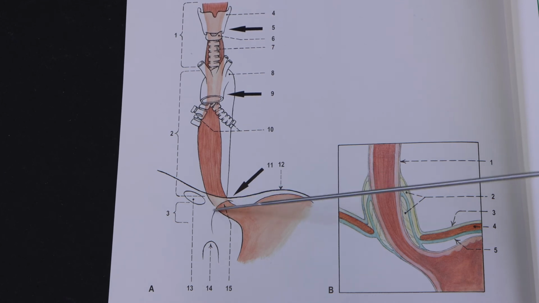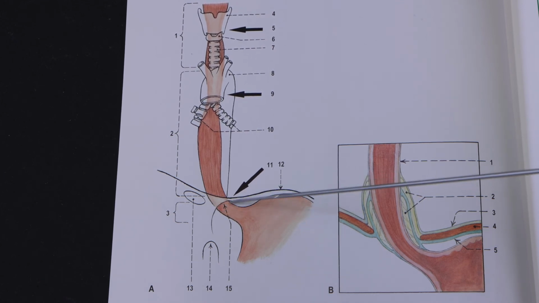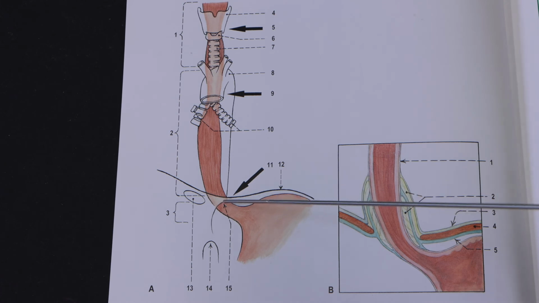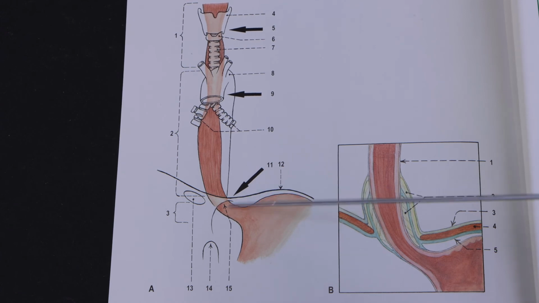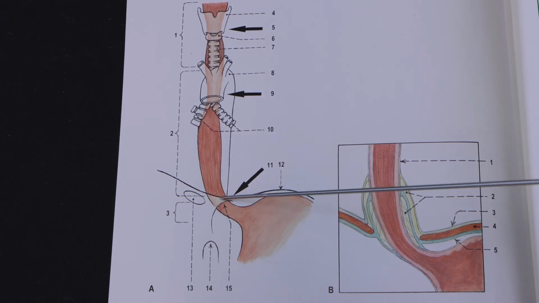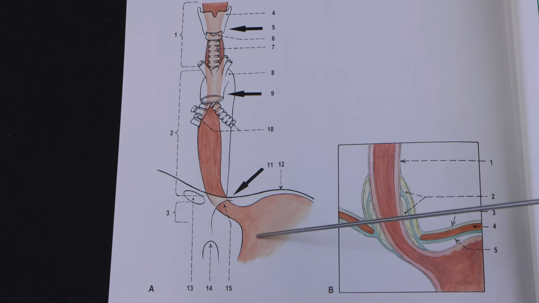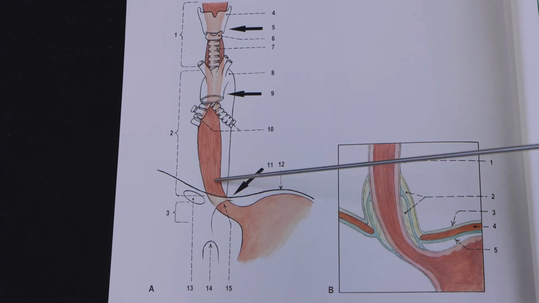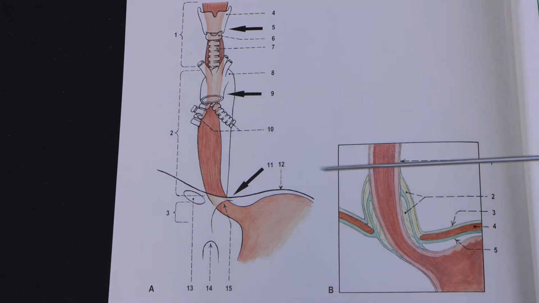So this part, which plays the role of a sphincter, is very important for people, and if there is some dysfunction of this sphincter part or this part of the diaphragm, then the very acidic content of the stomach goes into the esophagus, and it causes a very severe pain in the thoracic cavity, which is called heartburn.